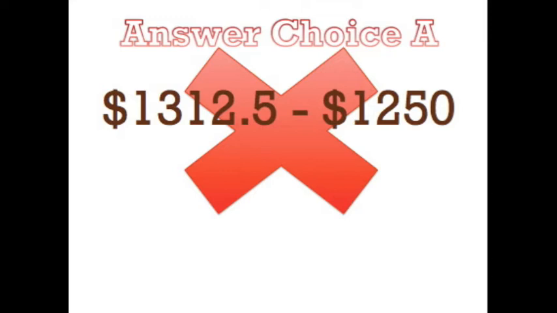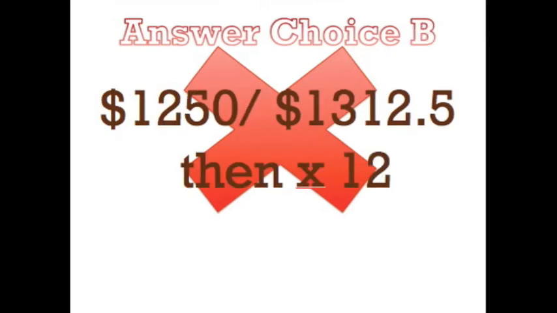If someone believes that the subtraction of the final value and the initial value gives them the rate, for example, $1,312.50 minus 1,250, you will get answer choice A. If someone swaps the final and initial value, they would divide 1,250 over $1,312.50.